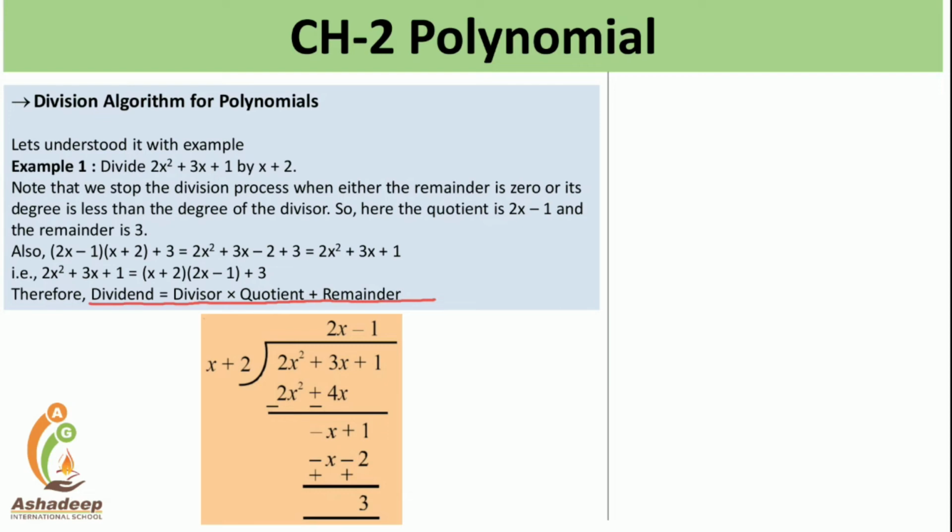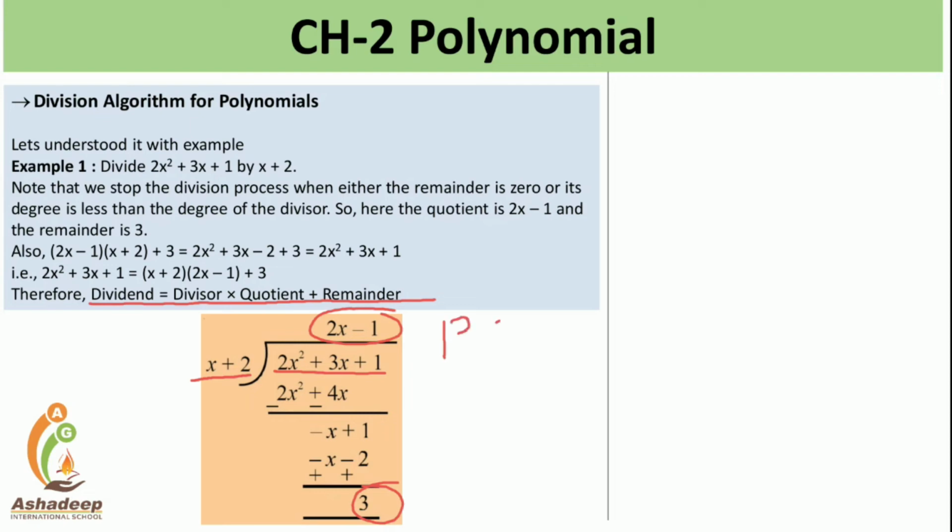So if I write it down in terms of formula, let's take the dividend as p of x. So this is the dividend, this is divisor, this is quotient, and this is remainder, right? That we already did in the small standards.